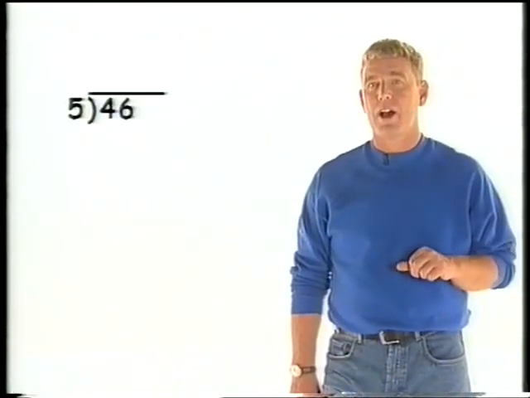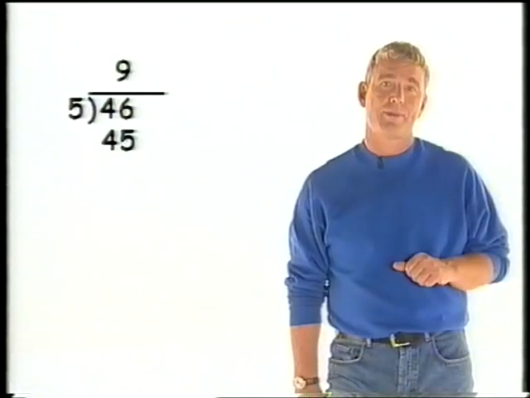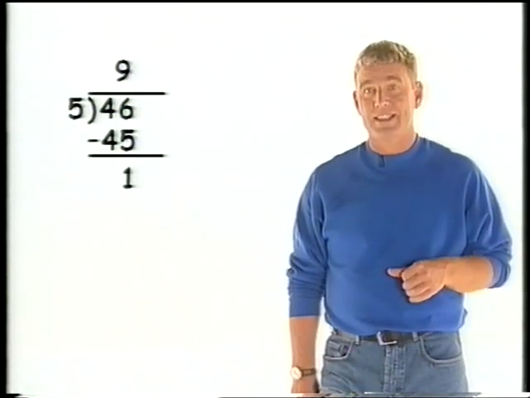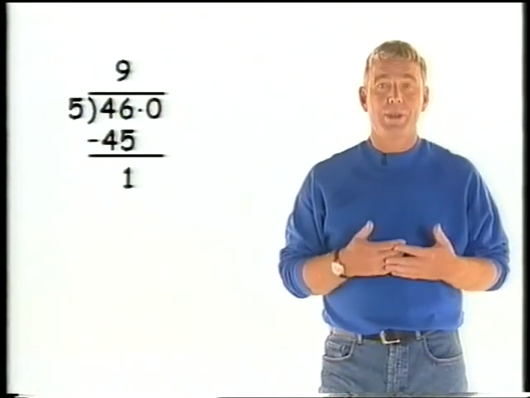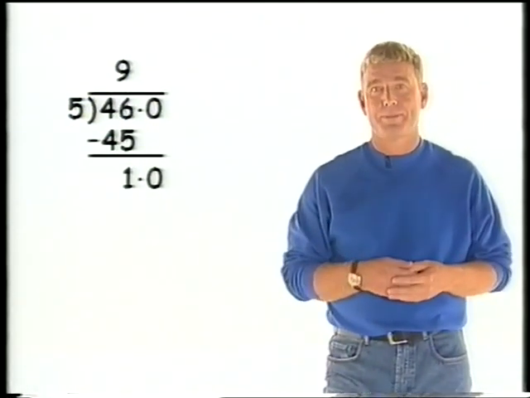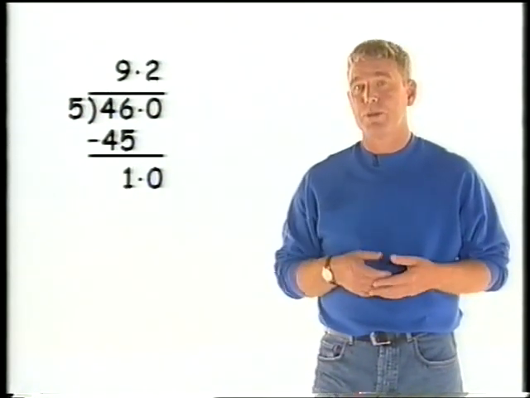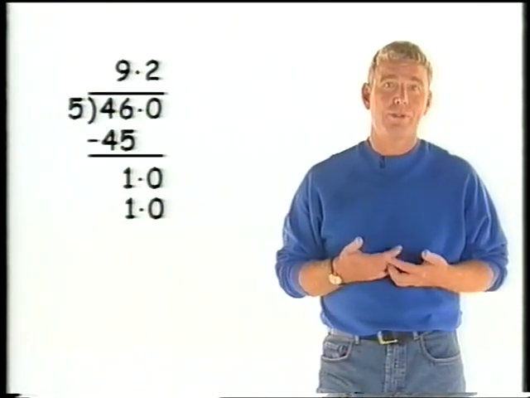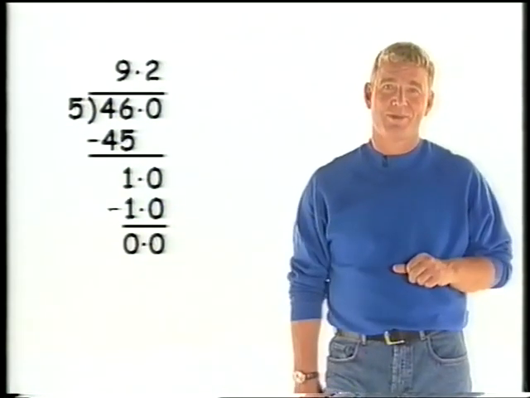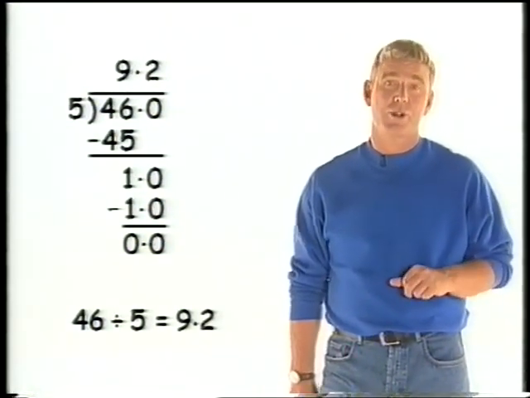46 divided by 5. Well, the nearest 5 into 46 is 9. 9 times 5 is 45. 45 from 46 is 1. Add a 0 after the decimal point so we can carry on and bring it down. 5 into 1.0 is 0.2. 0.2 times 5 is 1. 1 from 1 is 0, so that's it. 46 divided by 5 is 9.2.